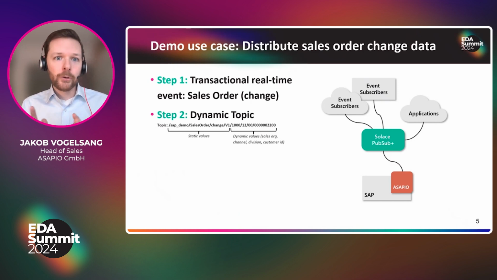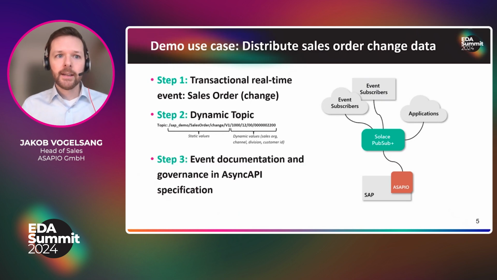The first 4 are static values, and the next 4, the sales organization, the channel, the division, and the customer ID, are filled dynamically. So a consumer of this topic could, for example, choose to filter only a subset of these events based on this dynamic topic.